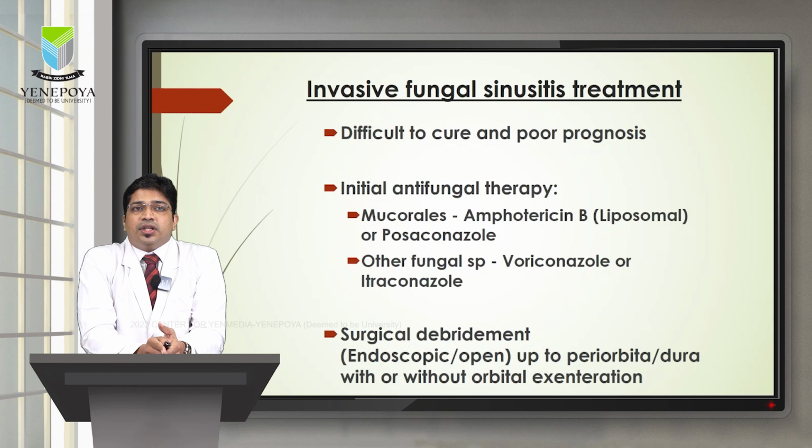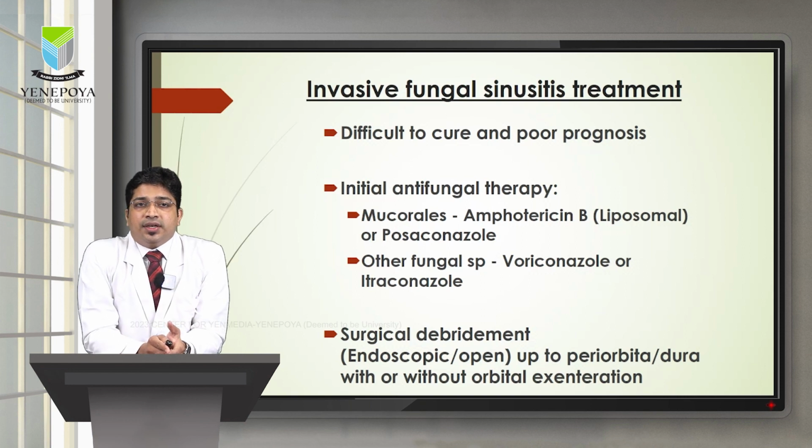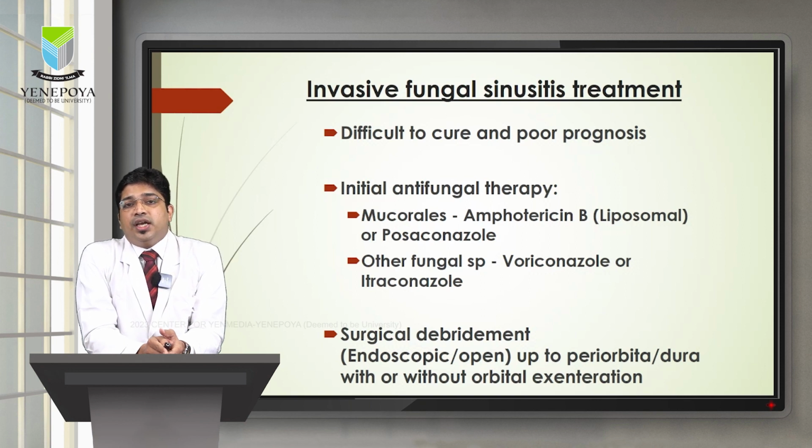If that is not available, the alternative will be posaconazole. If it belongs to other fungal species like Aspergillus, voriconazole is the drug of choice. If that is not available, at least itraconazole has to be started immediately. So this is the early intervention that has to be done on an emergent basis.